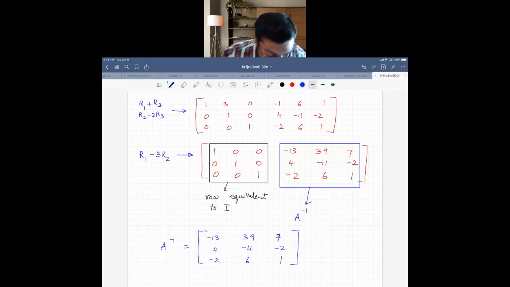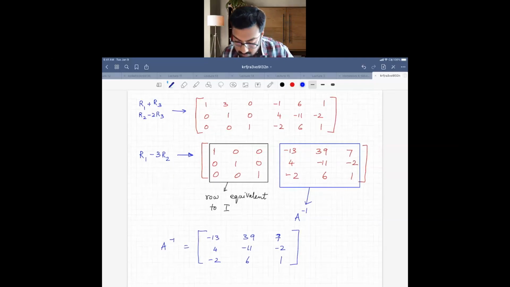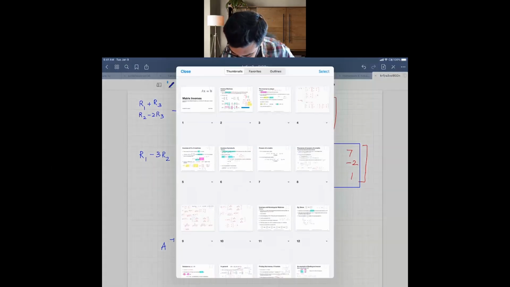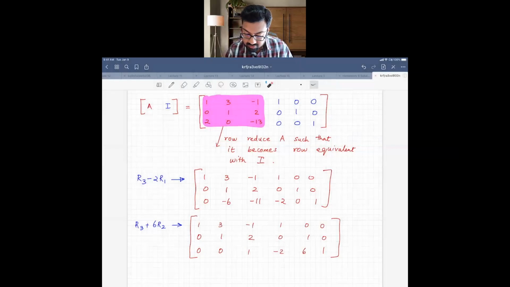So I hope that you guys are able to follow along with the process here. You see, when we started, oh, let me go back. What happened? Right. We took the matrix A, we formed the augmented matrix with the identity, we went through the row reduction forms, we wanted to make this row equivalent to identity.